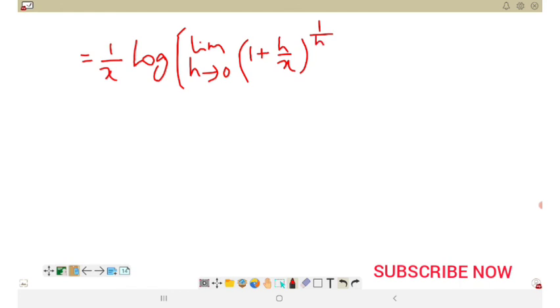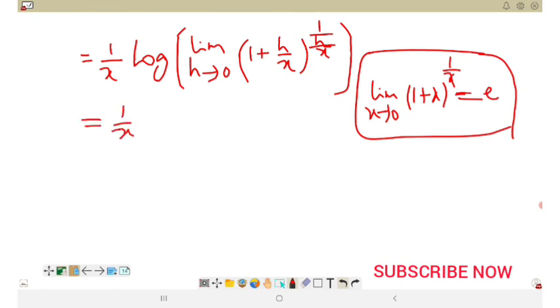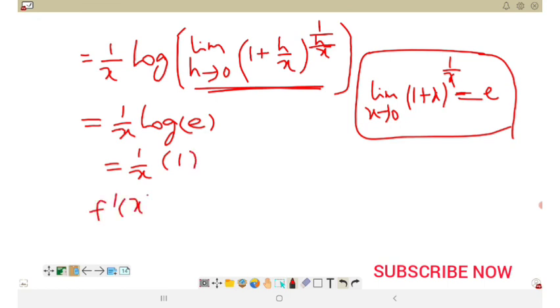We know limit x tends to 0, (1 plus x) whole power 1 by x is equal to e. So here we get 1 by x into log e, which is 1. So f dash of x is equal to 1 by x. If f of x equals log x, then f dash of x equals 1 by x.